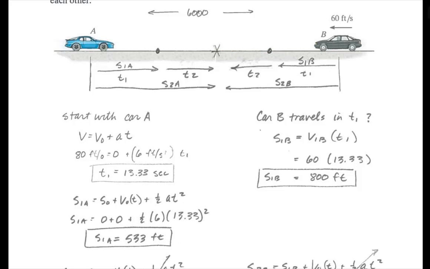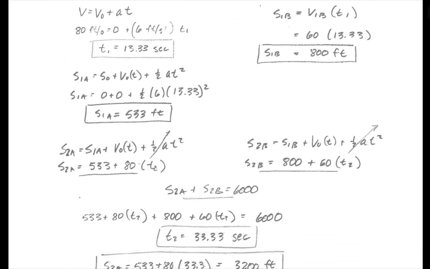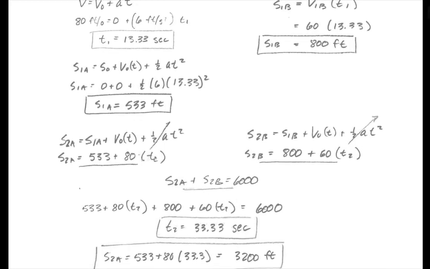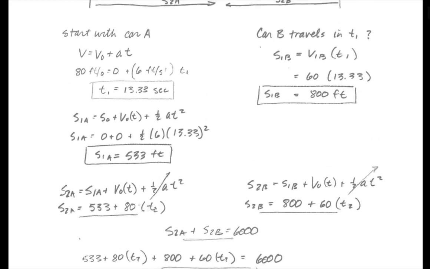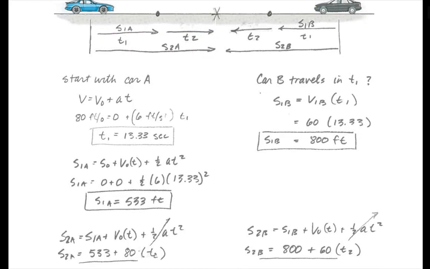How do we find that distance here? Well, let's keep on going. Here I have two constant speed equations. Car A's total position will be this distance plus what he travels here. So let's see what we've got.